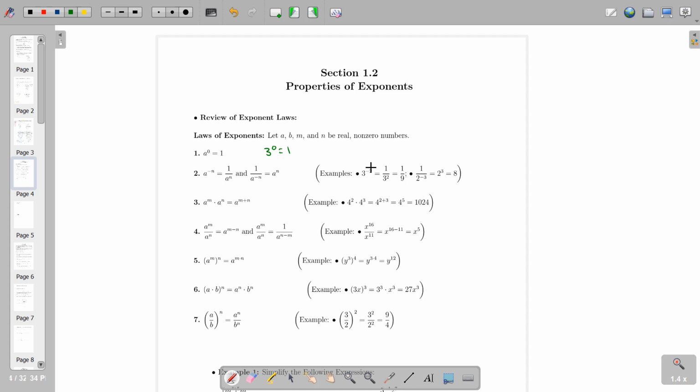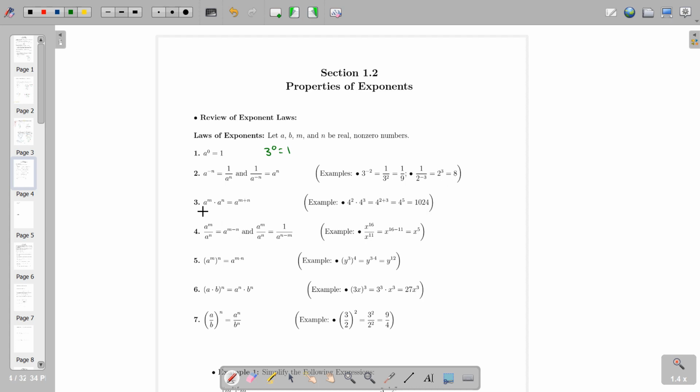So 3 to the negative 2 means 1 over 3 to the positive 2, which is 1 over 9. 1 over 2 to the negative 3 is equal to just 2 to the 3, with that being in the numerator, and that, of course, equals 8.